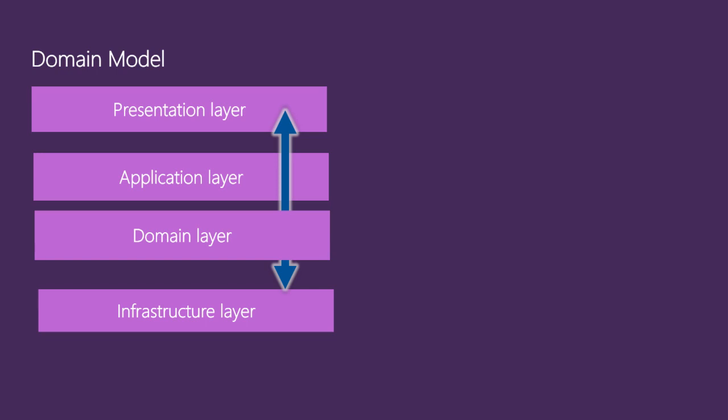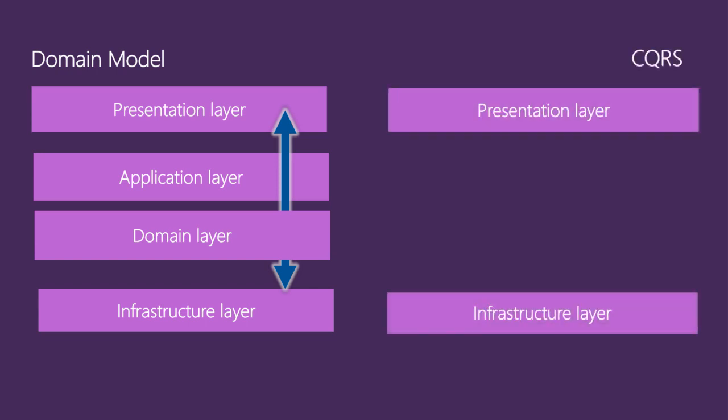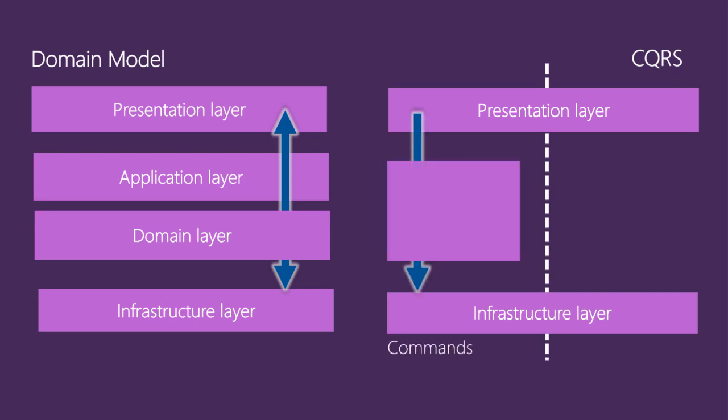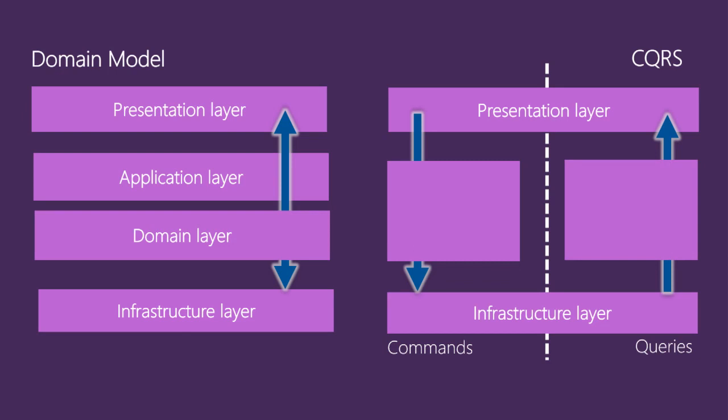From this, we move to a scenario where, between presentation and infrastructure, we draw a sort of vertical line, and then on the command stack, we have a path that from presentation moves down to the infrastructure to alter the state of the system, and on the other side, from the infrastructure layer up to the presentation layer, we have another block.